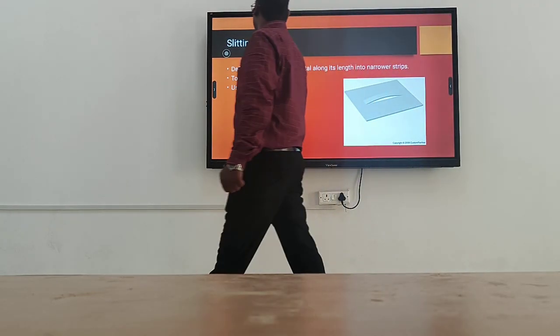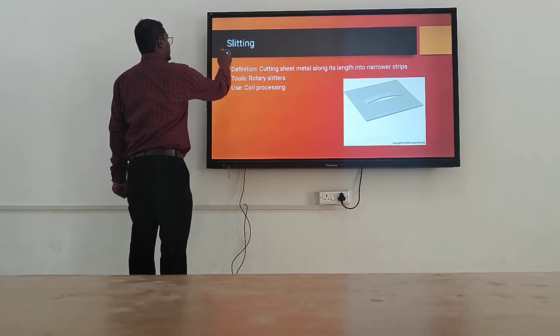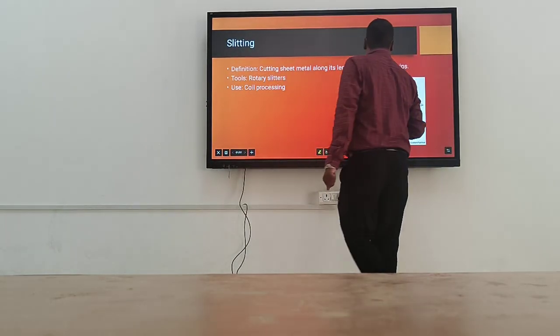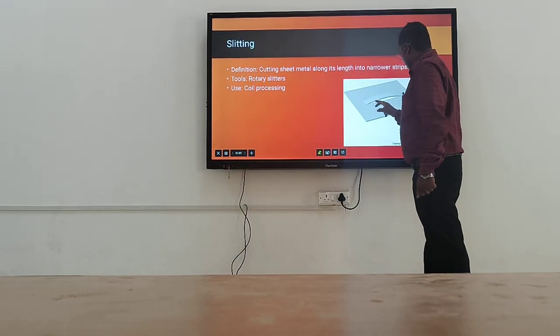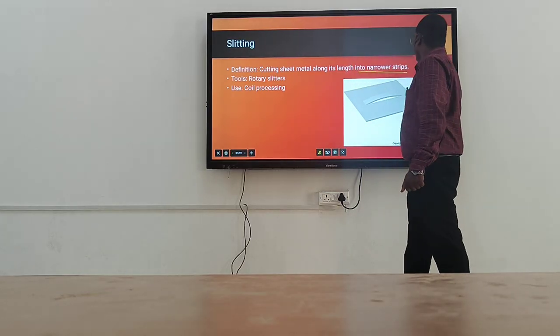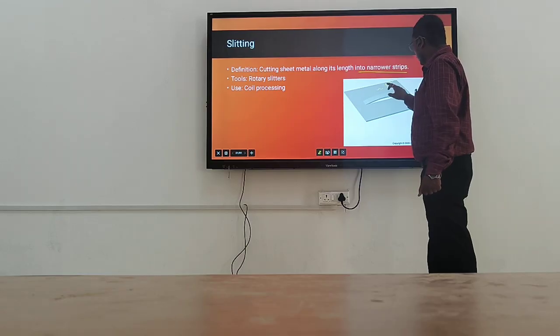Next one is the slitting. Okay. In this process, we cut the material narrowly into a strip. This is the workpiece.